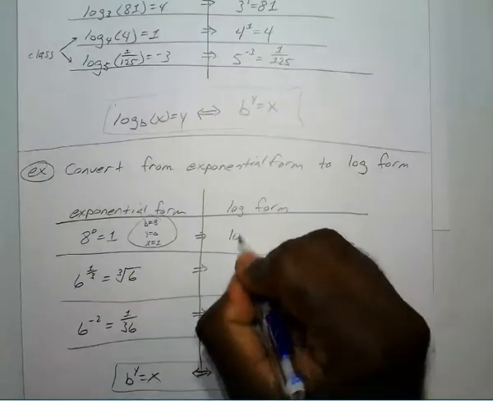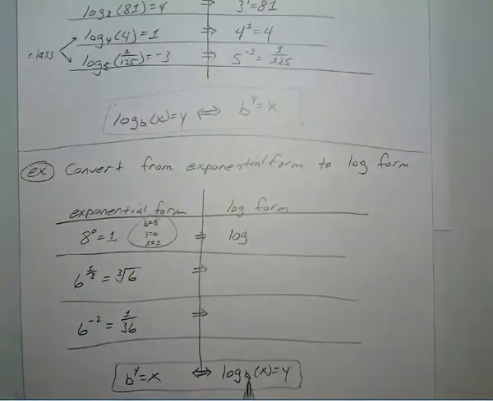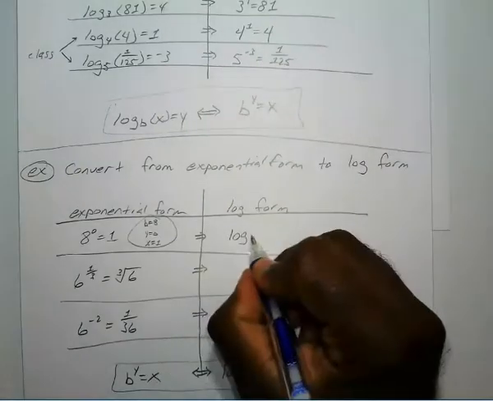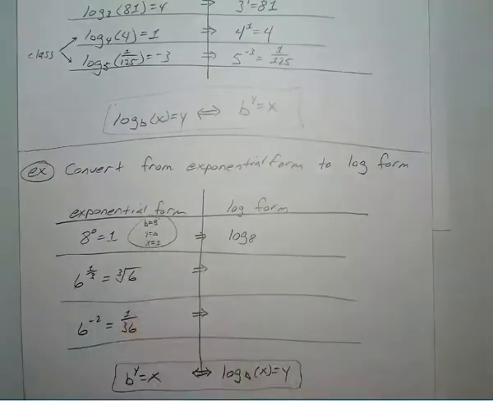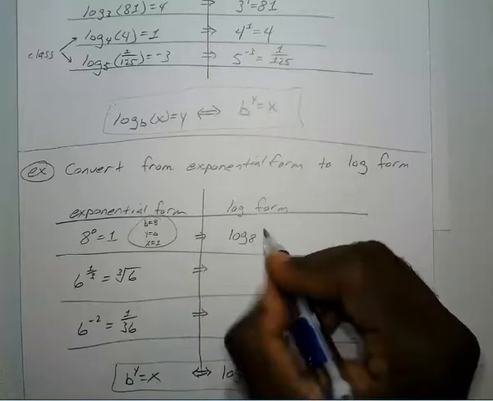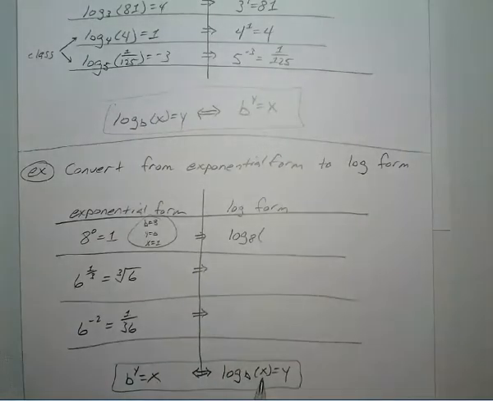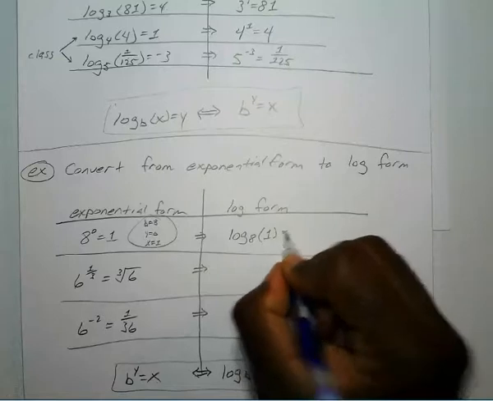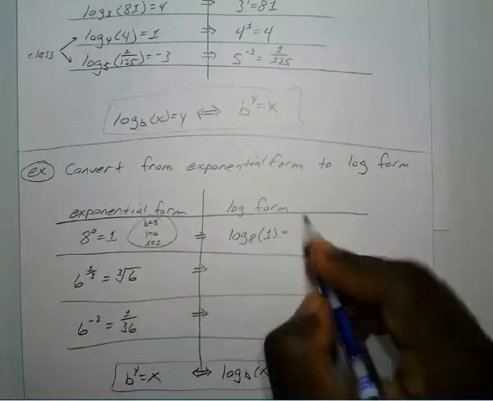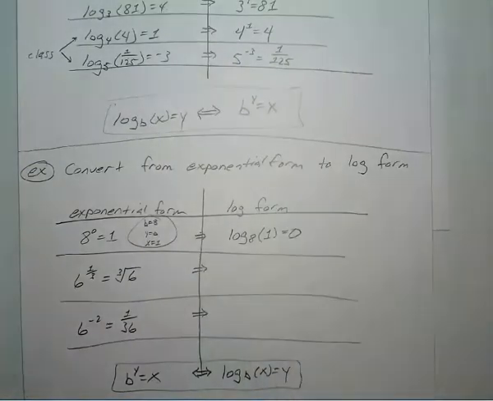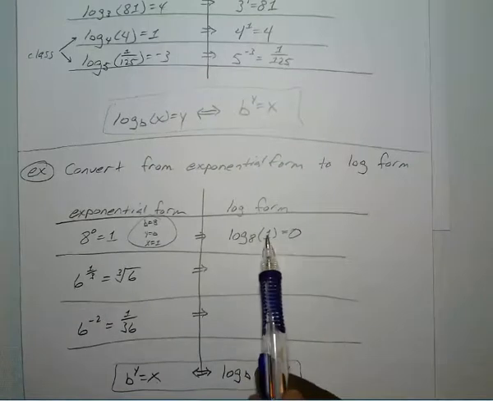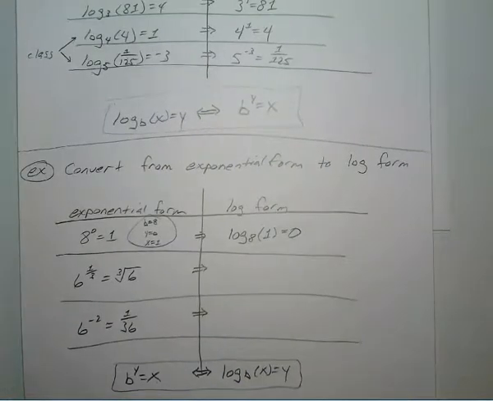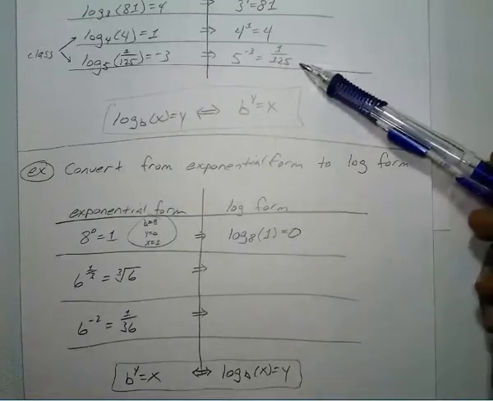So our b is equal to 8. We know that. Of x, we know our x is equal to 1. Is equal to y. Our y is equal to 0. Okay, so it's the same thing we did up here, just in reverse.